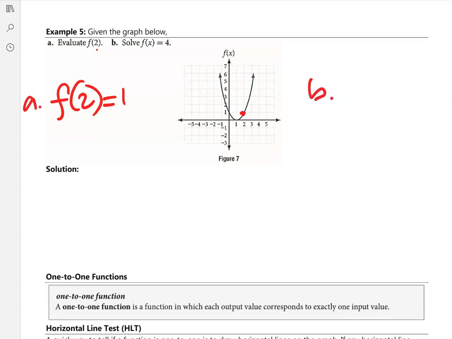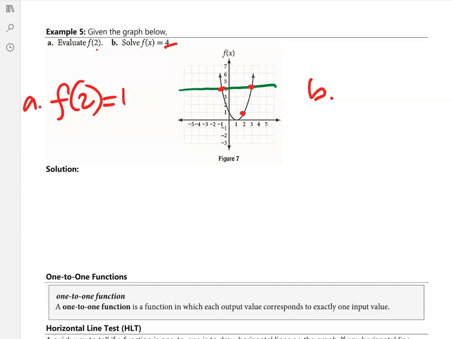Then letter B, f of x is equal to 4. This is the output, 4, meaning that is your y. So you have to look at your y when it is equal to 4. And on the graph, there are 2 points. What are those x values?